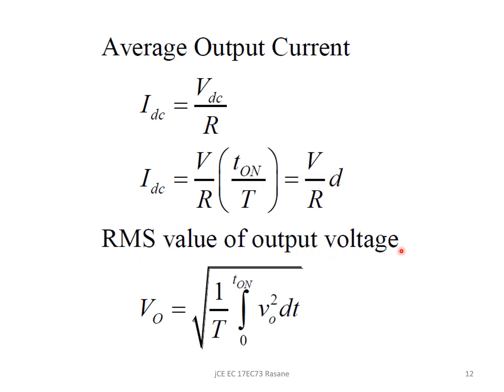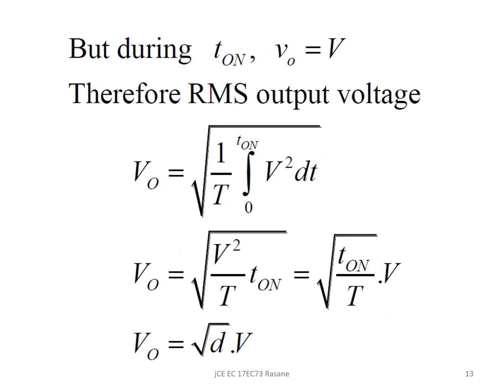The RMS value of the output voltage can be evaluated by taking the root mean square, by integrating V naught squared dt from 0 to T on, because V naught is equal to V only during the period of 0 to T on. During off, this value is 0. So during T on, V naught is the same as the input supply voltage.